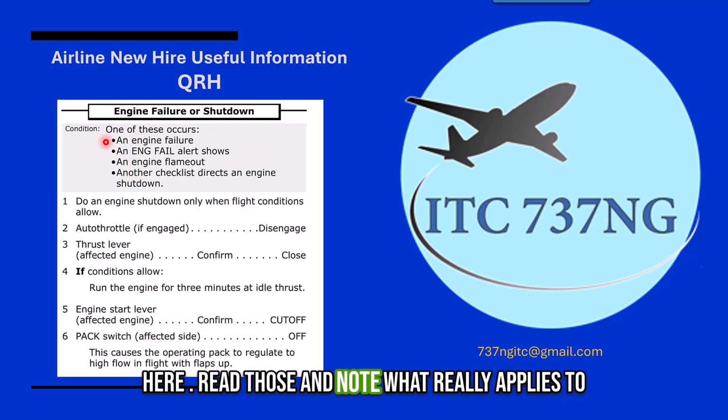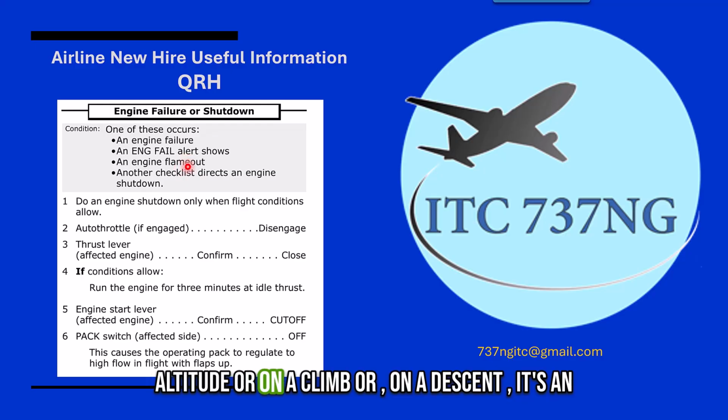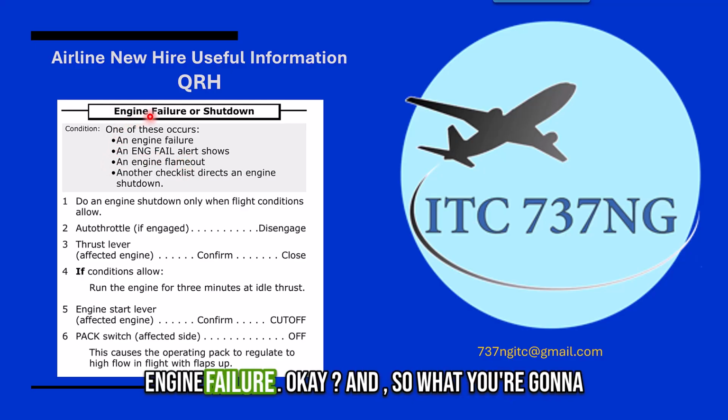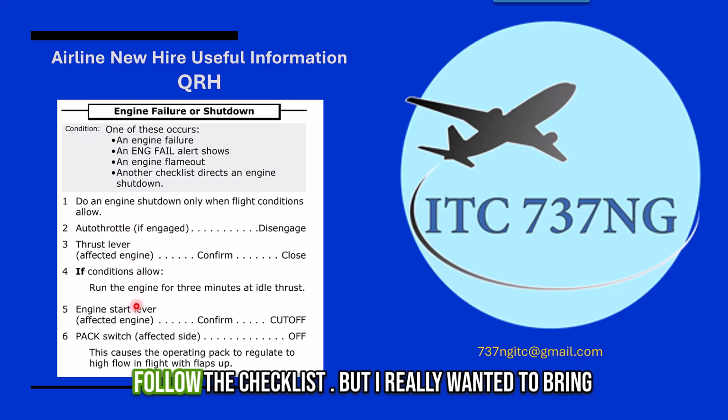Read those and note what really applies to make sure that if it was an engine flame out at altitude or on a climb or on a descent, it's an engine failure, okay? And so what you're going to do is decide which is appropriate, but you're going to follow the checklist.